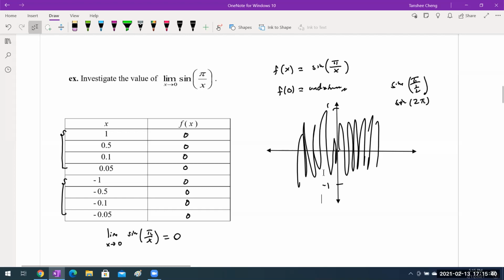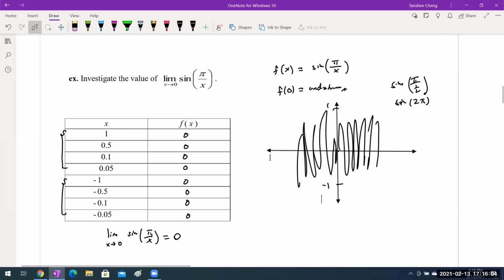It's more of a guessing game. That's the reason why, in the next sessions, we want to learn how to find the limit of a function algebraically. In this section, now that we have an idea, we're going to focus on how to find the limit of a function graphically.